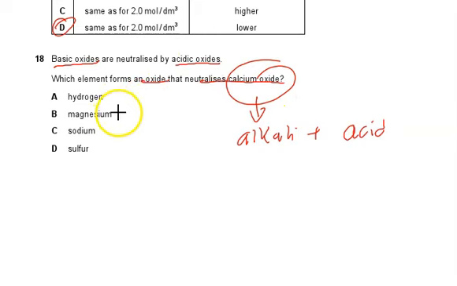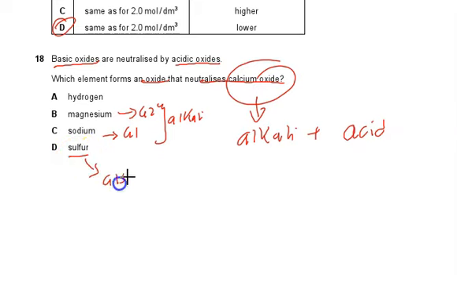So magnesium is a group 2 and this is a group 1. So both of their oxides will form an alkaline. So it doesn't make sense to mix with this. Hydrogen oxide will form water. So the best answer here will be sulfur. Sulfur is a group 16 and its oxide is much more acidic. Okay, so for 18 you have D as your answer.